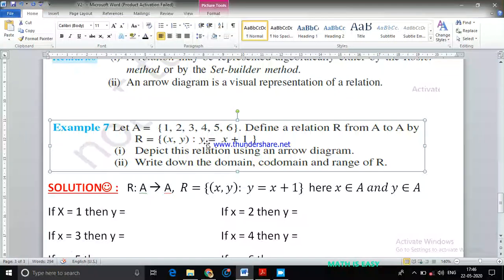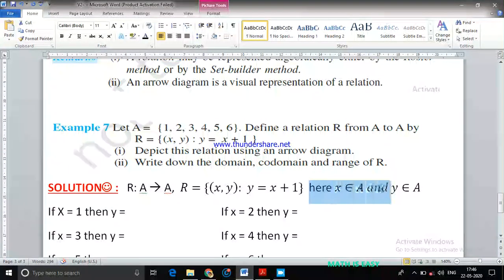That means you get y by adding 1 to the corresponding x value. Both x and y are elements of A only, because the first element comes from the first set and the second element comes from the second set. Here both sets are A, so x is an element of A and y is also an element of A.